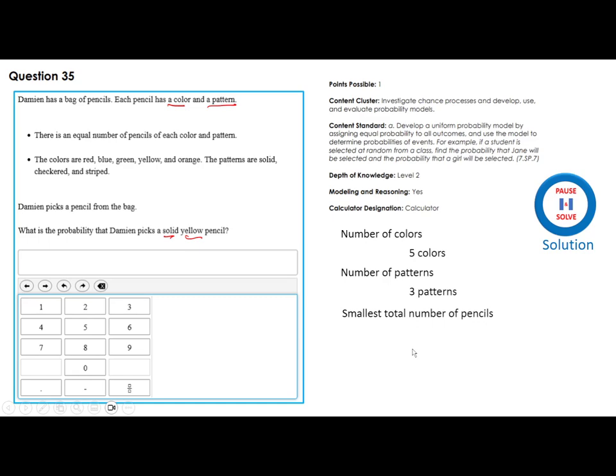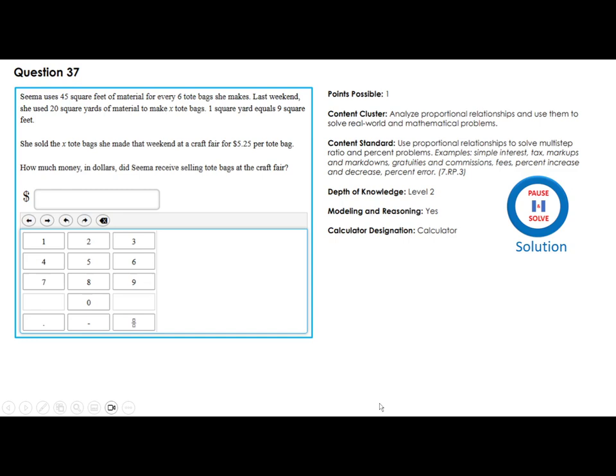So smallest total number of pencils, 5 times 3, 15. So now you are picking one solid yellow, that's 1 out of 15. Probability to pick a solid yellow pencil is 1 out of 15.